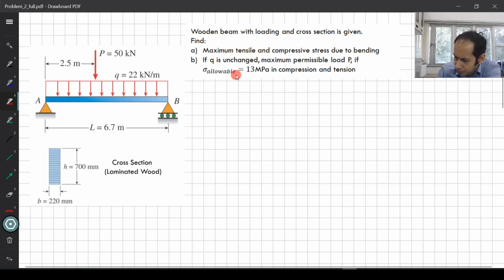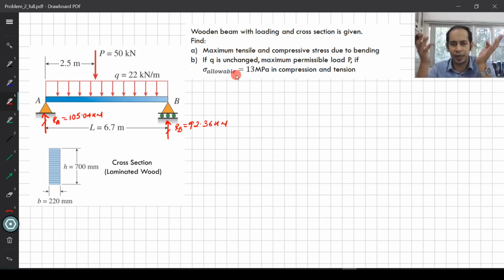If you solve this problem, from the loading itself, the reaction at this point over here, RA, you get as 105.04 kilonewton, and at this point B you get the reaction RB as 92.36 kilonewton. I have this solved already, so I'm just writing the final numbers.